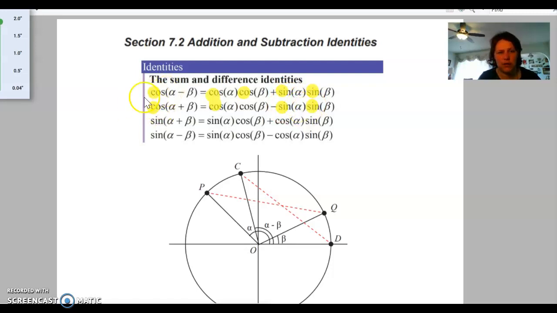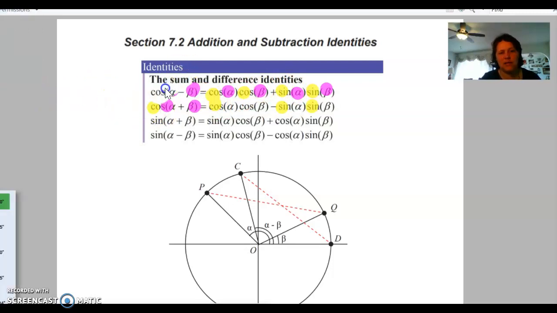Also, I want you to notice that the alphas and betas are the same all throughout everything. It's always alpha, beta, alpha, beta, all the way through. They're always in that same exact order, so you don't have to worry about changing any of those. The only thing about cosine is that it has a different sign.